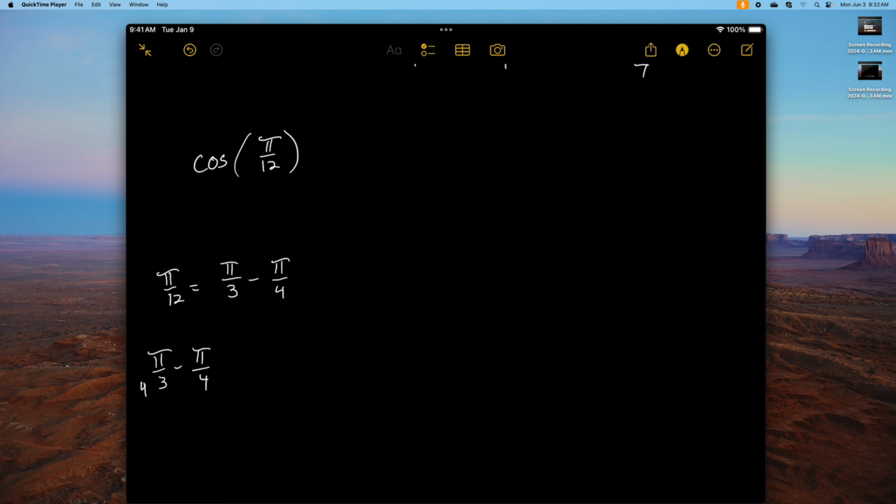So you'd multiply pi over 3 by 4 and pi over 4 by 3, which gives you 4 pi over 12 minus 3 pi over 12. Then if you subtract the top part, you end up with pi over 12. So we could write this as cosine of pi over 3 minus pi over 4. Again, that takes a little bit of practice, but it's doable.